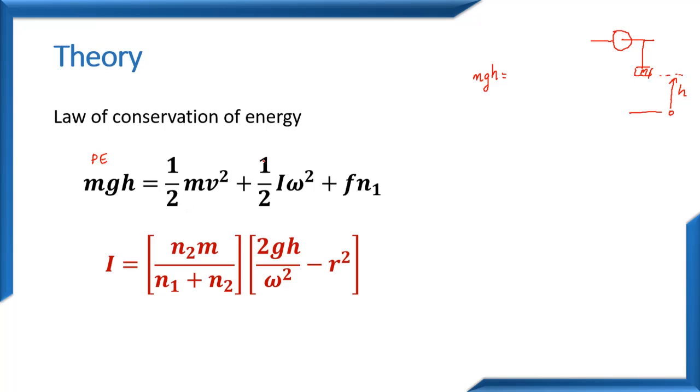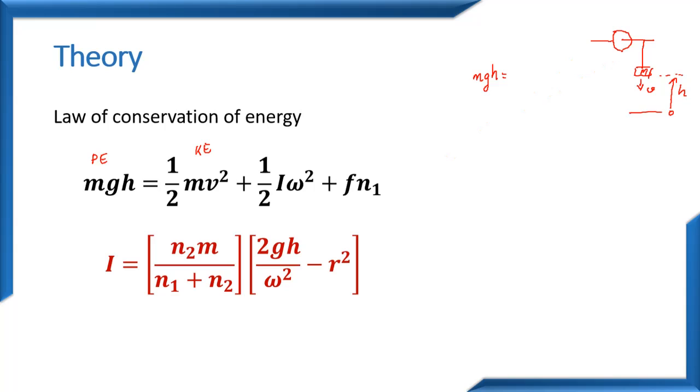We know that the mass falls down when it is released. When it starts to fall down, it will fall with a velocity v, and it will definitely have a kinetic energy. So this is the kinetic energy of the small mass which is falling down. Again, this potential energy is also used to rotate this body.